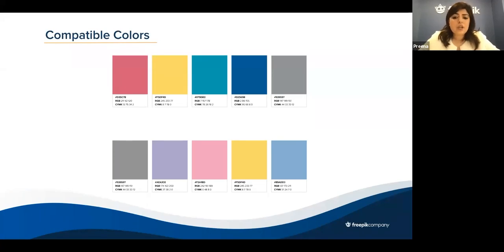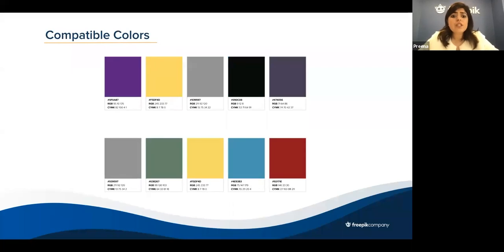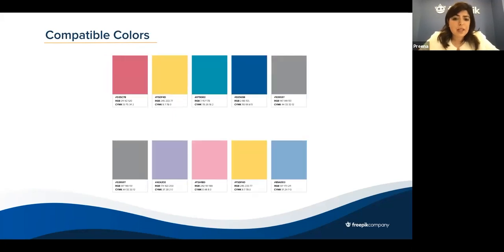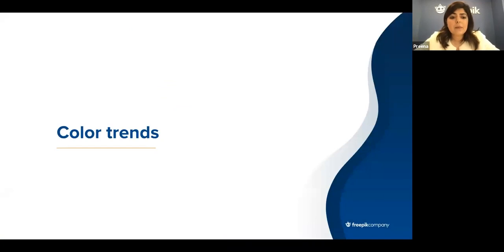But I wanted to show a few examples so that if you use these colors in your designs, I'm sure you will get a higher rate of acceptance in your resources. I'm going to let Mariano now explain in a little more detail the colors that are easily combinable with the Pantone colors. Okay, thank you, Prena.